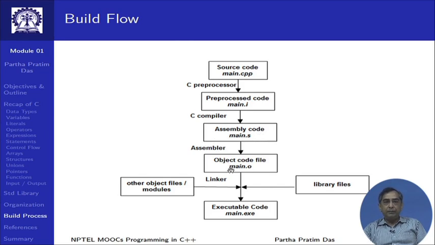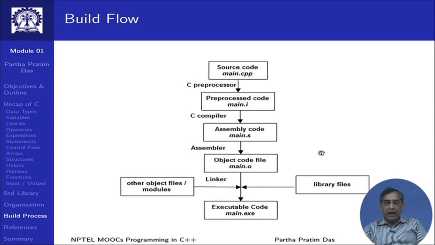Then you assemble them to generate the object files which are called .o or .obj, and there could be several other object files that come from your libraries. If you have included stdio.h, then that stdio.h gets included at this stage, but the actual implementation is not available. That has already been compiled through this process separately, and a .o file has been created, and that .o file is getting, as we say, linked to your program.